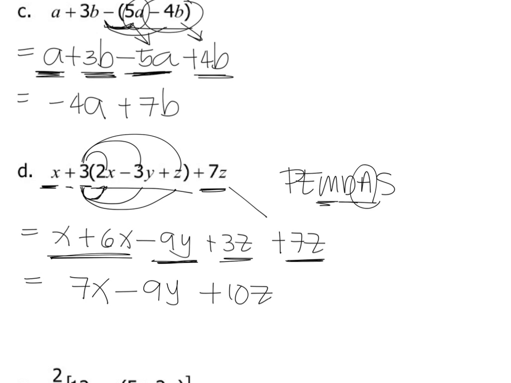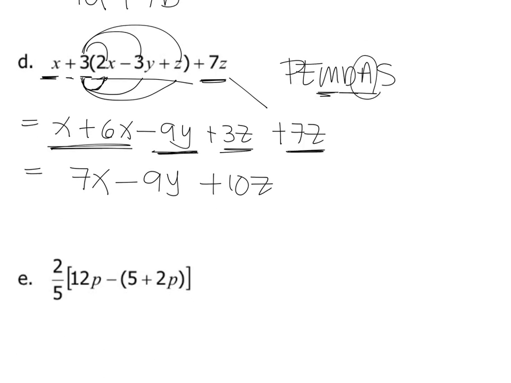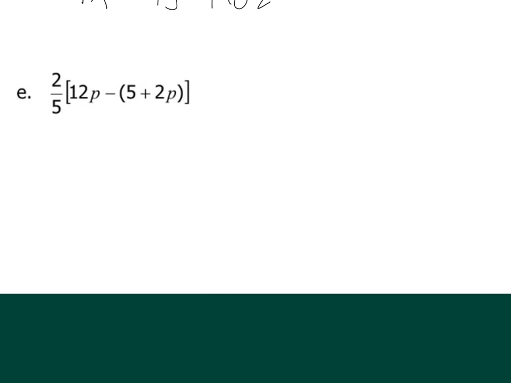Okay, so what about letter E? In letter E, you have 2/5 that will be multiplied to a group: 12p minus (5 plus 2p). If you have a lot of grouping symbols, the key here is to work from the inside.